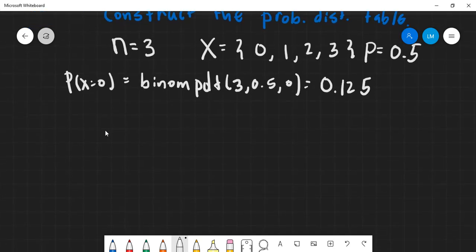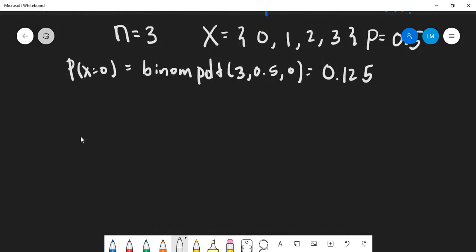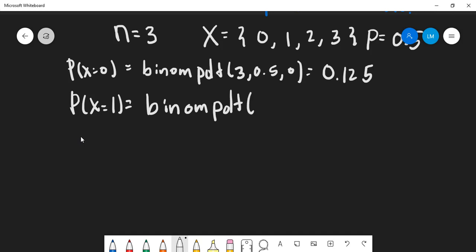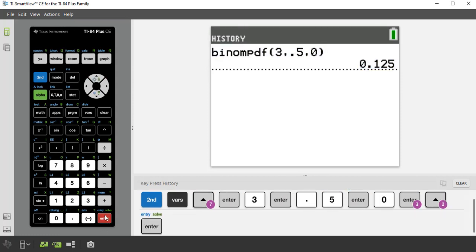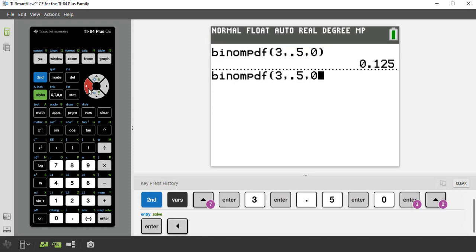The next one is to figure out the probability of 1. So the probability of 1 is equal to the binomial PDF of 3, 1/2. If we do that, we're just going to replace the 0 with 1.